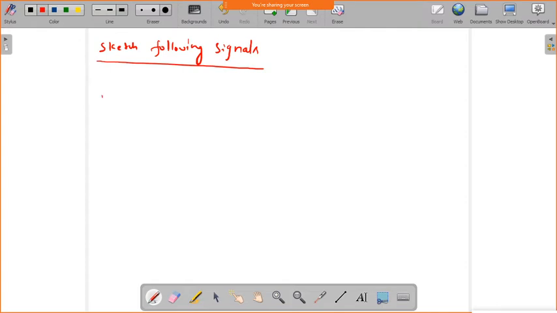So now the first one, you take y of t, which is equal to r of t plus 1 minus r of t plus r of t minus 2.